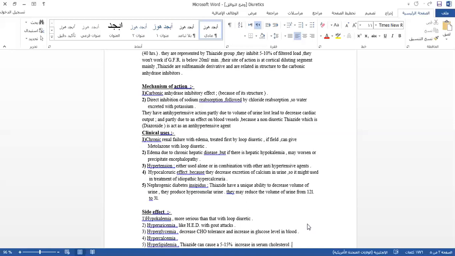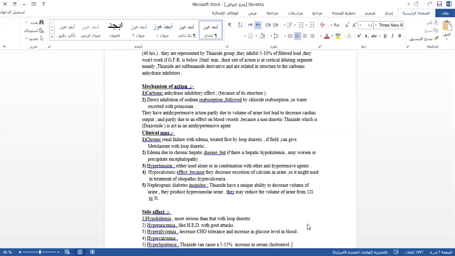Number four, hypercalciuria. That means when the concentration of calcium ions in the urine is high, this leads to colicky pain, sometimes due to idiopathic hypercalciuria. So to treat it, why? Because moderate efficacy diuretics or thiazides lead to decreased excretion of calcium in urine.